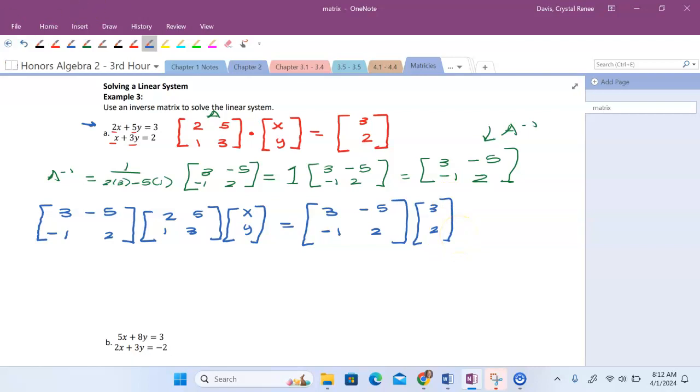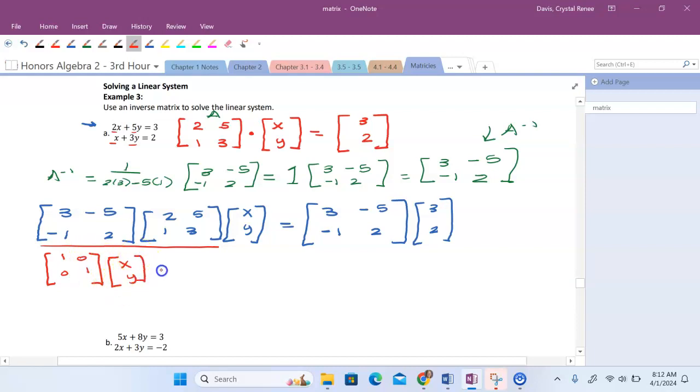Well, what I get here is my inverse matrix, so 1, 0, 0, 1 times X over Y equals, and then I'm going to kind of work this out over here.